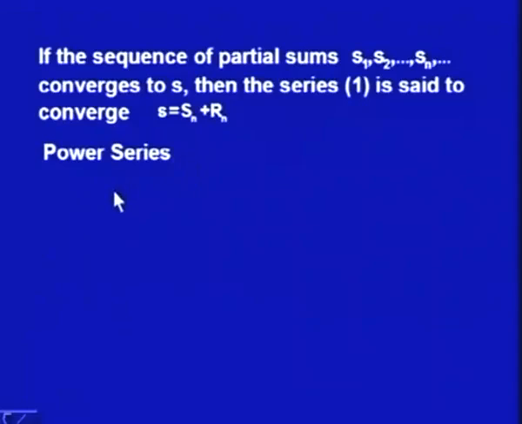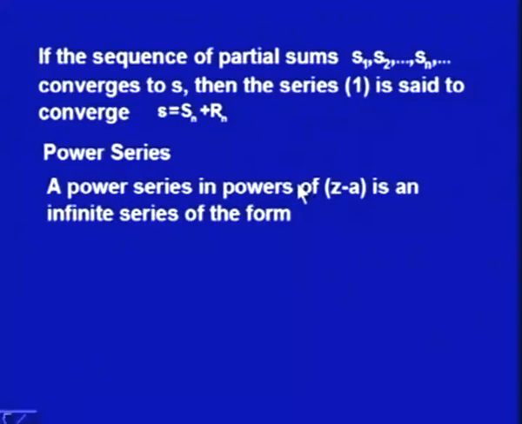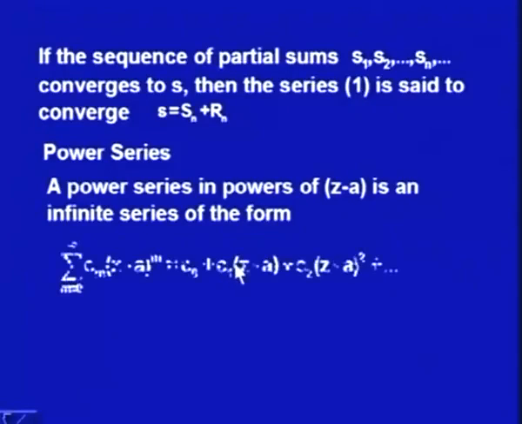A power series is defined as a series in powers of z minus a. It is an infinite series of the form summation m equals 0 to infinity of Cm times (z minus a) raised to power m, and in expanded form we write this series as C naught plus C1 (z minus a) plus C2 (z minus a) square plus and so on.